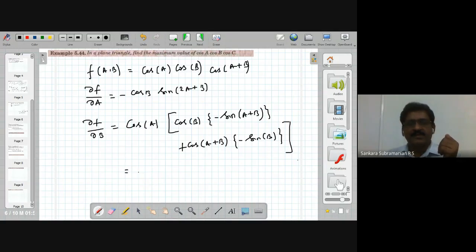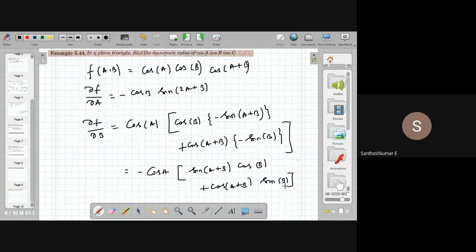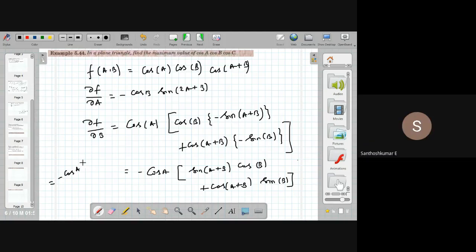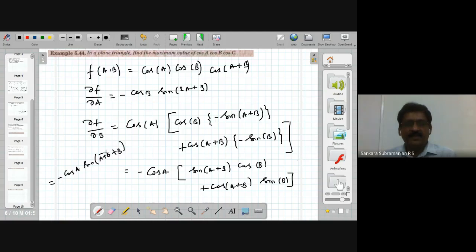Similarly, we can take minus common. So we take minus of cos A. Here, sin of A plus B, sin A cos B plus cos of A plus B, sin of B. So again it looks like the formula sin of A plus B. Therefore, I can write it as minus cos A into sin of A plus B plus B, that is, minus cos A times sin of A plus 2B.